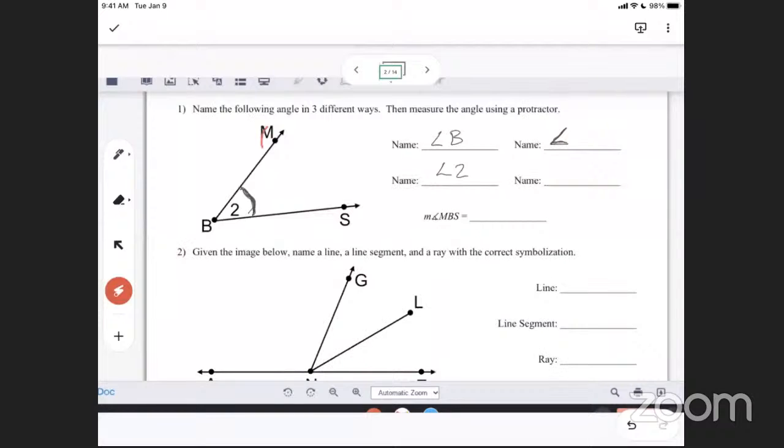So if I'm going to start with M, I have to go toward the angle and then back out. So how would I name that angle? MBS. Perfect. MBS. Or let's name it a 4th way. It said 3, but let's name it a 4th way. What's the other way you could name it if you started at S? SBM. Perfect. That's right. And now they're asking you, what's the measure of angle MBS?